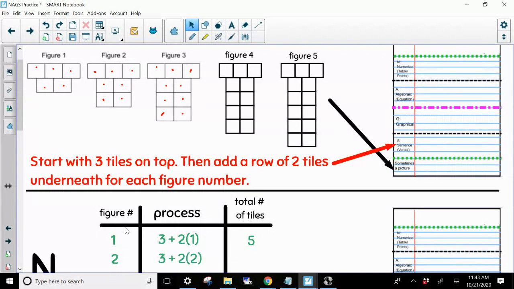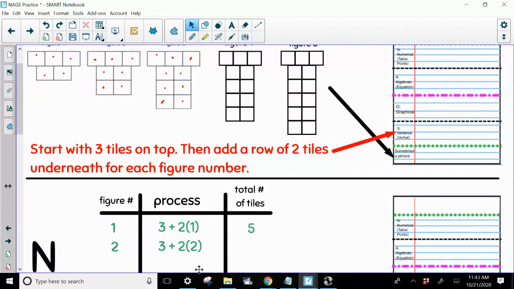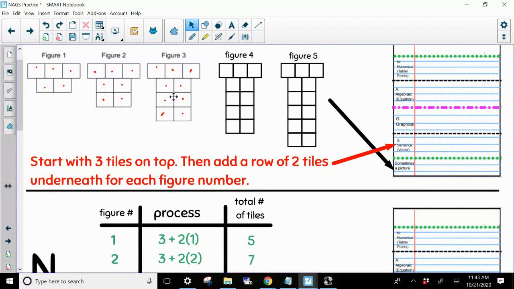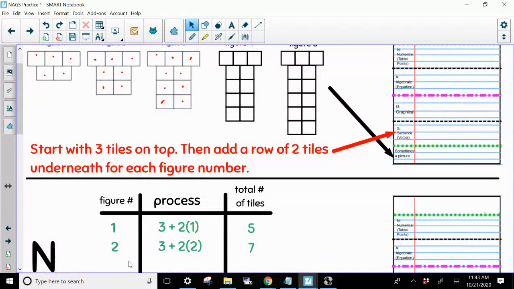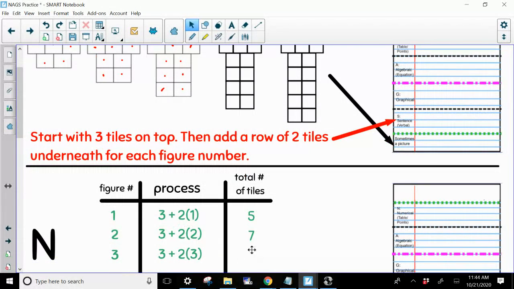For this one, there's 2 rows, so we're going to plug in our 2. 2 times 2 is 4. 4 plus 3 is 7. Figure 3, we're going to have 3. We're going to keep following along this process. Figure 3 is going to be 3 plus 2 times 1, 2, 3. And 2 times 3 is 6, plus 3 is 9.